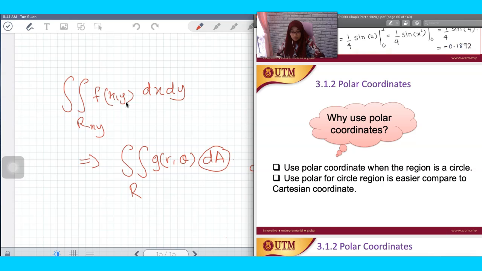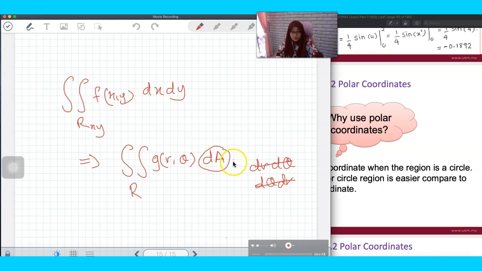The dA for polar is no longer dx dy. It should be dr d theta or d theta dr. But in this case, it's not exactly dr d theta or d theta dr. There is another term that you have to put into the dA as well, but I will explain later.